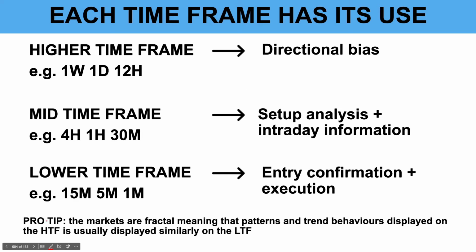Now, a pro tip is that the markets are fractal, meaning that patterns and trend behaviors displayed on the higher time frame are usually going to be displayed similarly on the lower time frame. So let's say on the weekly time frame or the daily time frame, we saw that price was previously bullish, and then we saw a change of character towards the downside after price tapped into a supply zone.